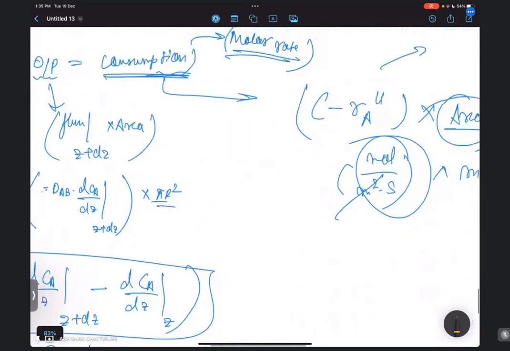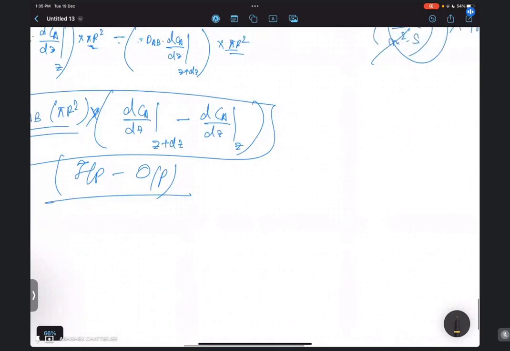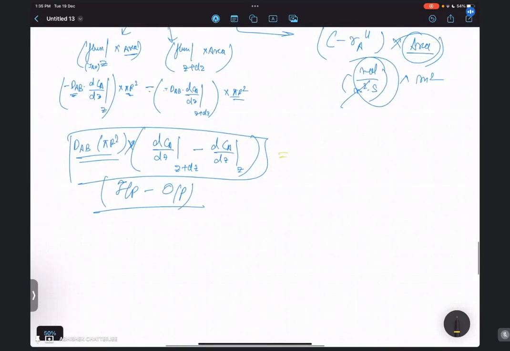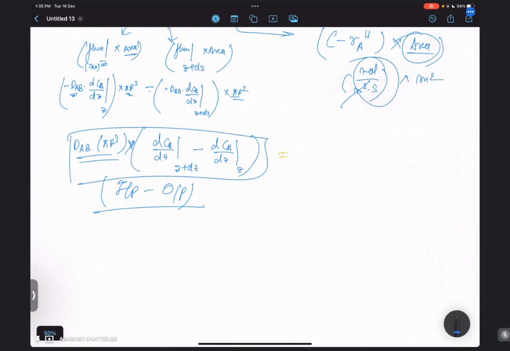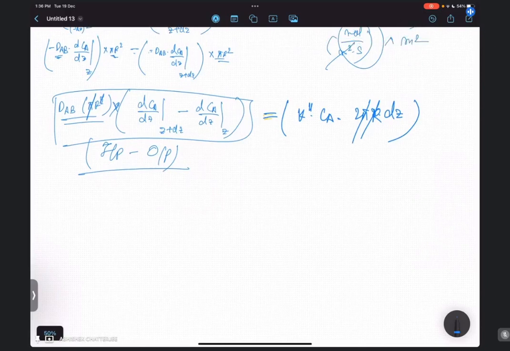Okay, so now nothing else is there. You just have to equate it with k double dash into Ca and into your area, that is 2 pi r into dz. From here, this r and this pi will cancel out. Take it as capital R only, the radius of the pore.